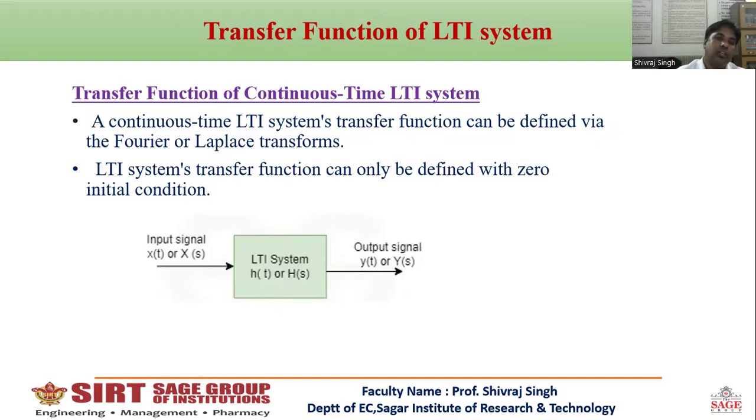For simplicity, if we calculate the Fourier transform or Laplace transform, firstly we assume the zero initial condition. In this block diagram, the input and output, this is the LTI system, which is represented by h of t, in terms of Laplace transform h of s, input signal x of t, or in Laplace x of s, output signal y of t, or in terms of Laplace transform y of s.